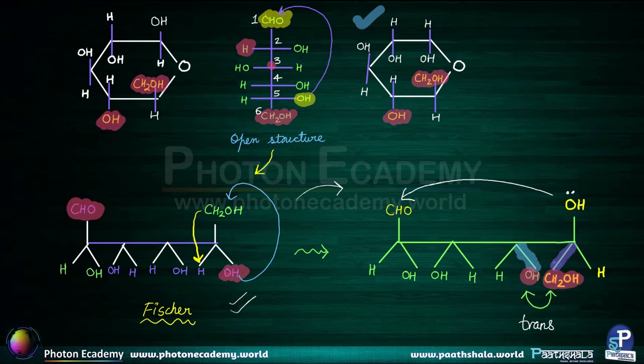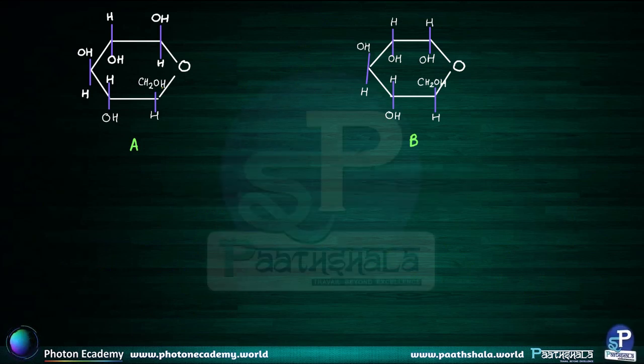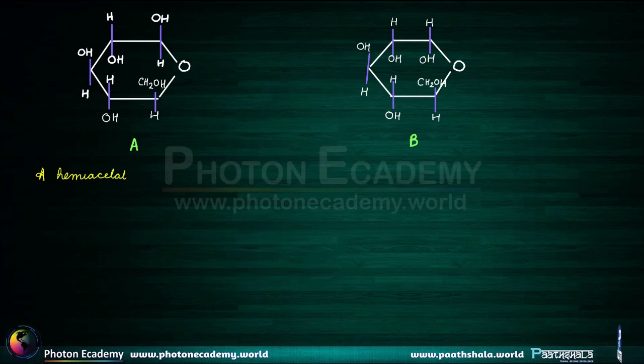Now, a few pointers about both the cyclic forms. I have named them A and B. What I can infer right away from this is that we had done a topic called hemiacetals. In hemiacetals, what I was emphasizing on is that a hemiacetal group has to have which groups?